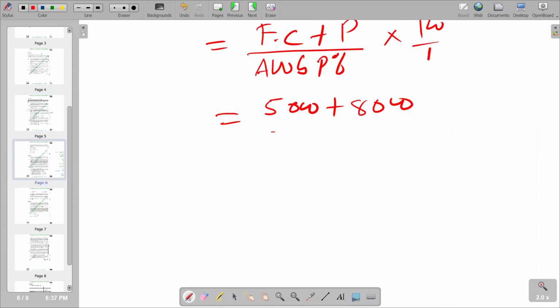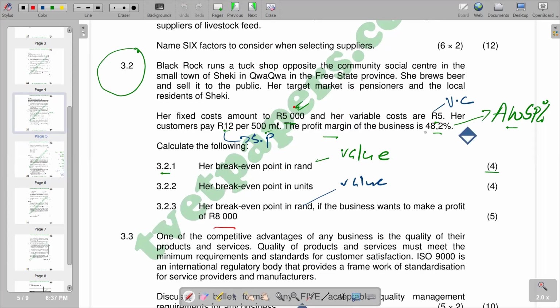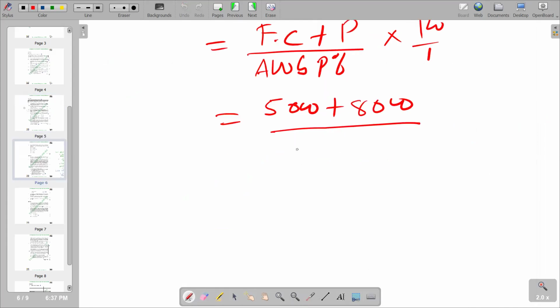Then we divide by the average weighted gross profit percentage, which is 48.2%. So we say 48.2, and then we multiply by 100 over 1.